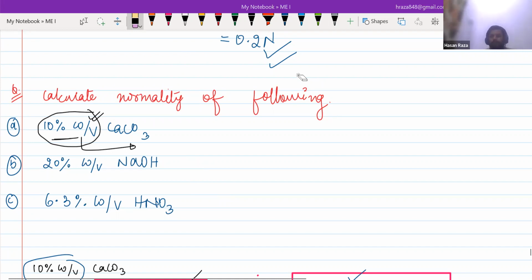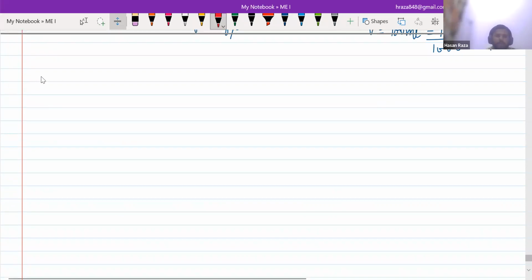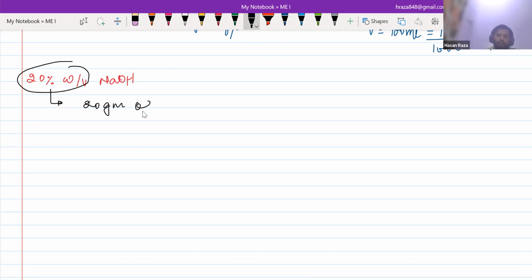Anushka, what is the answer for the second one? 20% NaOH I had given, weight by volume NaOH. What you need to do is just extract a sentence from here and you will get 20 gram of solute, that means NaOH, present in 100 ml of solution.